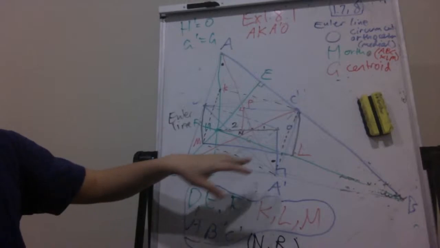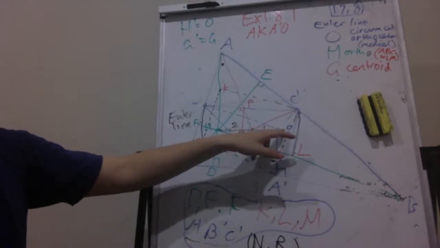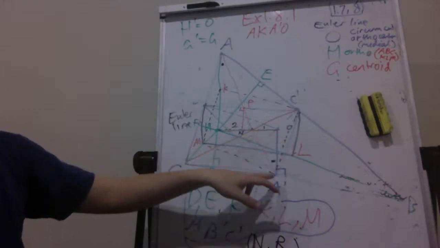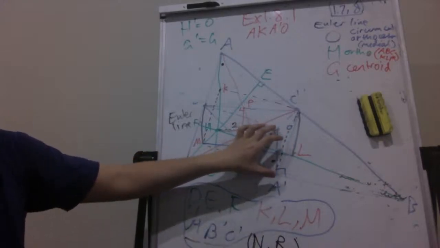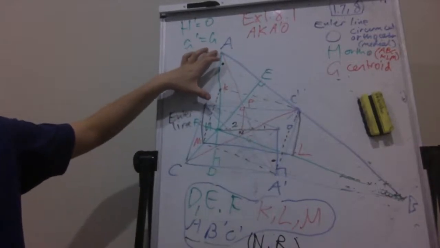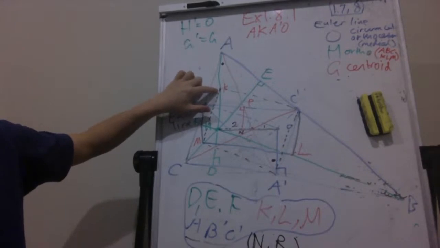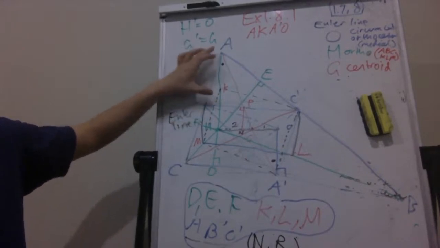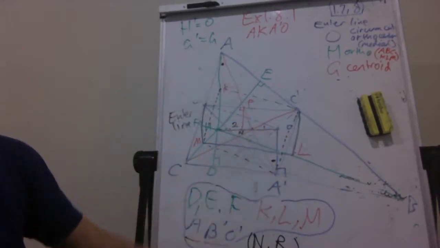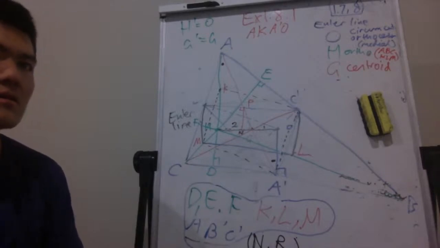And O is also the orthocenter of the medial triangle, yeah? So the distance from A prime to that orthocenter should be half the distance from A to this orthocenter, right? And this is found to be the midpoint, so therefore they're equal in length. And it's parallel, so it's a parallelogram. That makes sense.